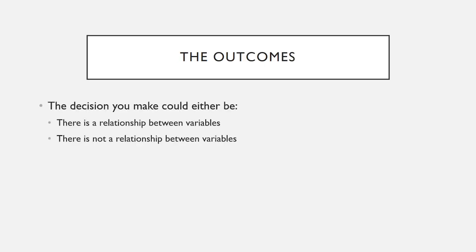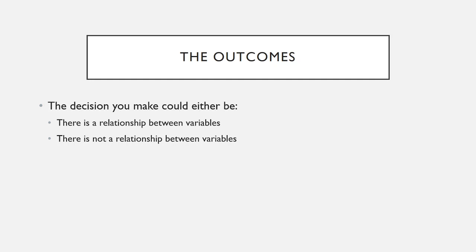Okay, so on the same topic about decisions, the hypothesis testing framework provides us the ability to map out logically all the possible outcomes that might occur upon our data analysis.